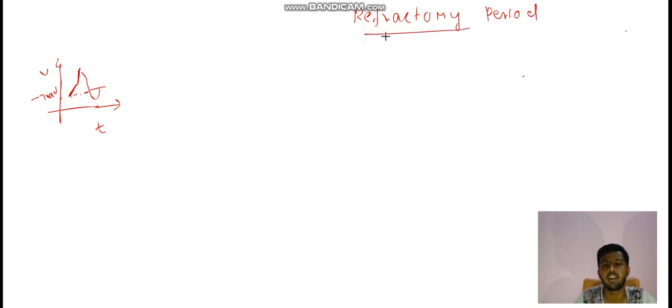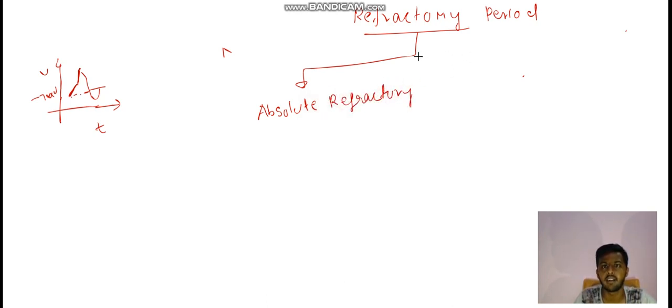Always remember the refractory period is always with respect to a new stimulus. So whenever a new stimulus comes in the middle of the action potential, that will be the refractory period. Refractory periods basically have two types. One is the absolute refractory period, and the next is the relative refractory period.